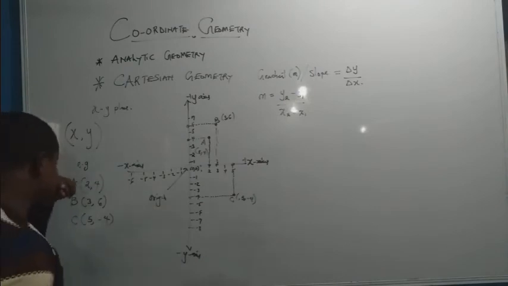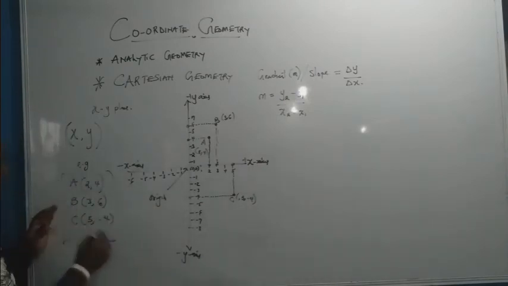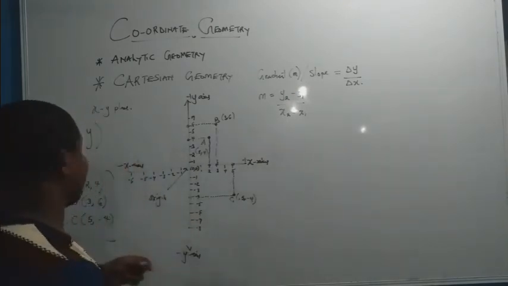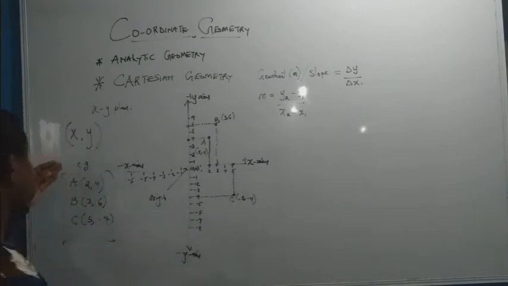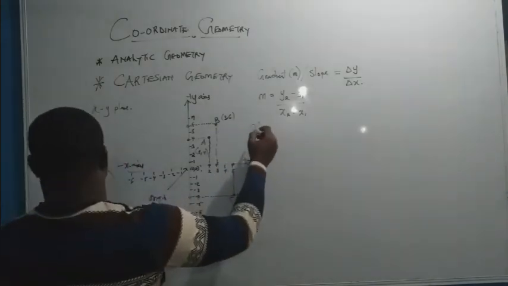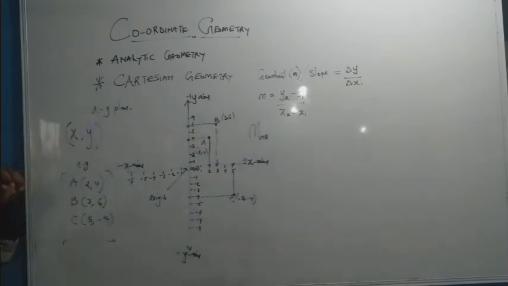So if you are asked now, look at the points you just located. We located points A, B, and C. Now if you're asked to find the gradient between A and B, line AB, it simply means for you to find the gradient, there must be a line connecting the 2 points.